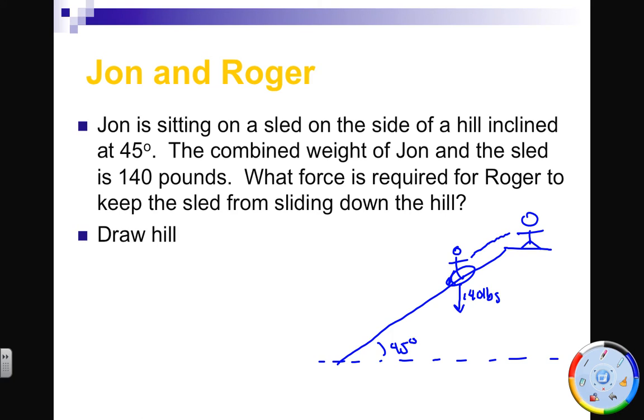So what we're going to do is draw the hill like I just did. We are going to say that F, or gravity, is going to be the vector 0, negative 140. It's not going left or right, it's going straight down, so we think of this as a negative.